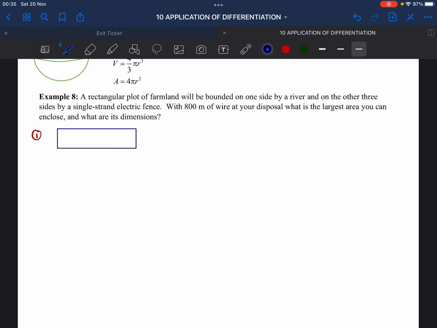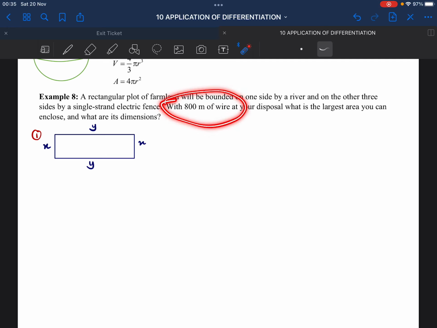Okay, the first step is we have to draw. You know that it is a rectangular shape. So if we have a rectangular shape, here will be x, here will be x, here will be y, here will be y. That means it is the same length. So with 800 meters of wire at your disposal, the question gives us 800 meters of wire.